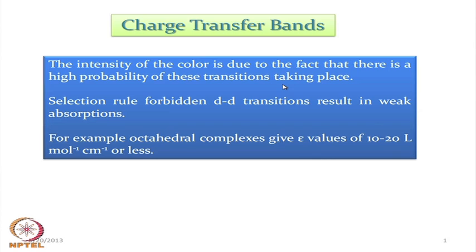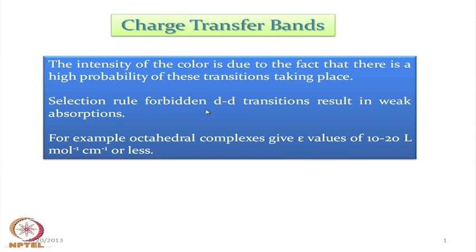The selection rules, whether the Laporte selection rule or the spin selection rule, are not operative here. So it is a highly allowed transition, and that is why we get a very high intensity, and the molar absorptivity is also very high, of several thousands.